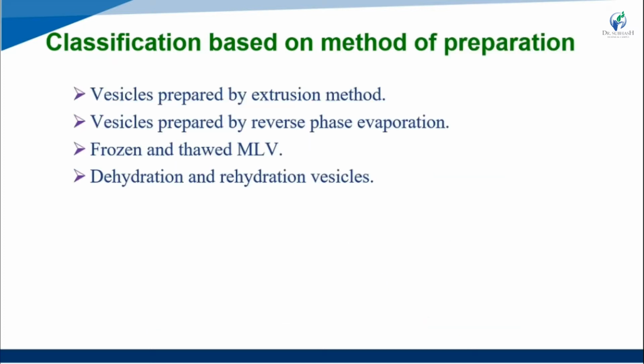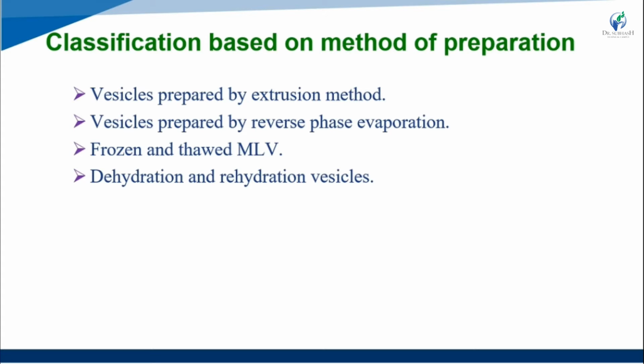Okay, then classification as per the method of preparation: vesicles prepared by the extrusion method, then reverse phase evaporation method, then MLV, that is multilaminar vesicle system, then frozen and thawed MLV, and then dehydration and rehydration of vesicles.